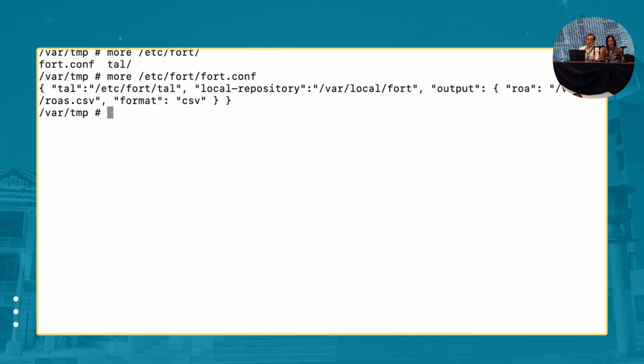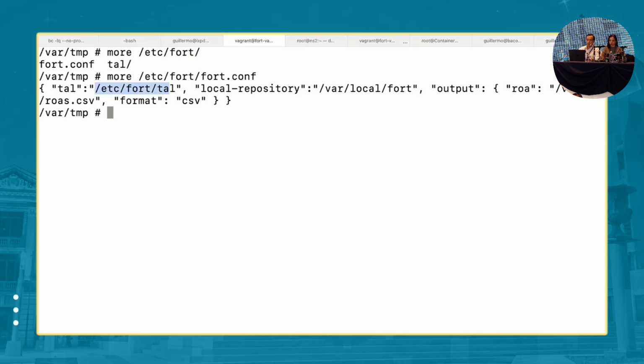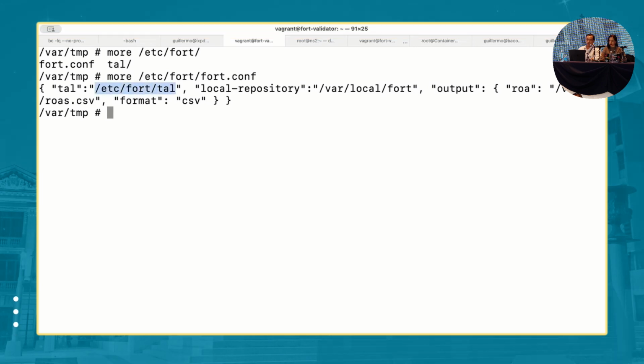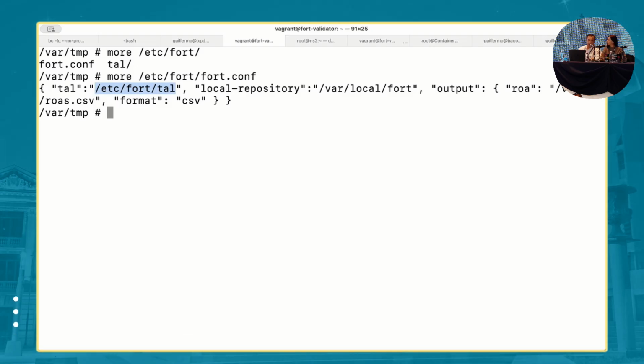What's more important is the indication of where it stores the files for the 5 registries it will retrieve. This is a folder in your local machine, in your server. You will find the information there. Then the local repository is where we'll download the data and where it will be stored.